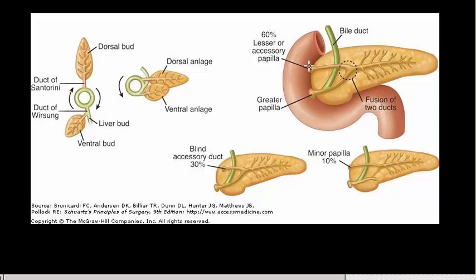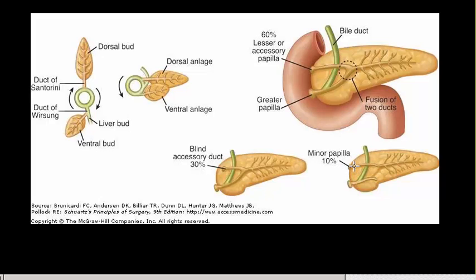And sadly, the minor papilla diameter is smaller than the greater papilla. As you can see here, the name of it is the greater papilla, and this is the lesser papilla. Now in this 10% variant, all of the exocrine excretions of the pancreas will drain into the minor papilla.